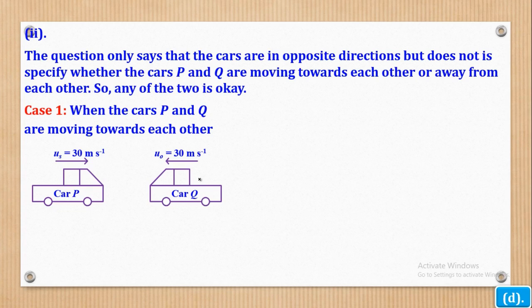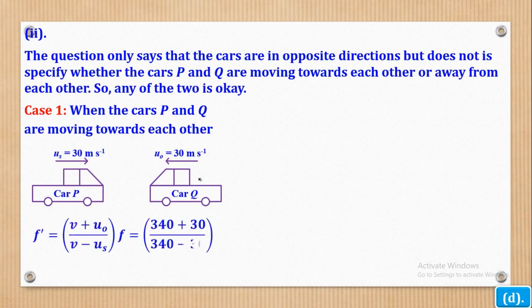Therefore, the formula would be f prime is equal to (v plus u naught) over (v plus u s). And these velocities are the same, so that's why you see you have 30, 30. Then this v is that, and this v is this. This frequency was given, therefore when you use the calculator, you'll be able to come up with that as the frequency of the observer in car Q. But that is the case when they are moving towards each other.